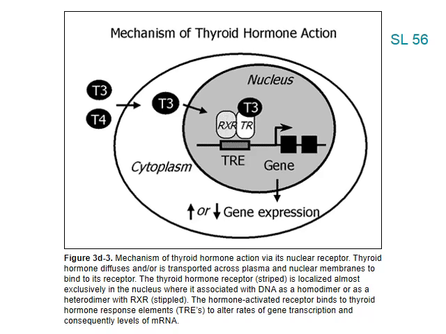That means two thyroid hormone receptors associated together through two adjacent response elements, or as a heterodimer with one thyroid hormone bound receptor and a second receptor being the rexinoid receptor. And that hormone activated receptor binds to thyroid hormone response elements called TREs, and that results in altered rates of gene transcription and consequently increases in levels of messenger RNA.